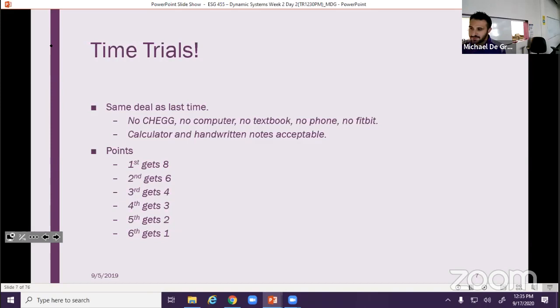I guarantee your Fitbit cannot help you with this. Guaranteed. Calculator and handwritten notes. Okay. Calculator. Are we gonna have to plug in numbers? No. So calculator is really not going to help you either. But you can use it if you want. This is how the points work, right? So if you finish first, you get 8 points, right? Call me into your breakout room when you think that you've got the answer.